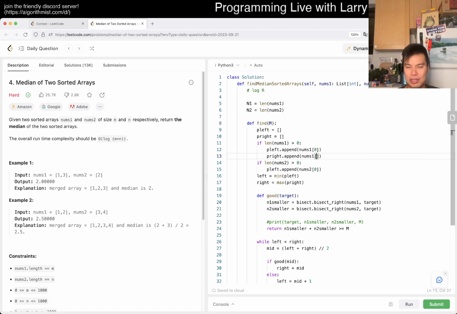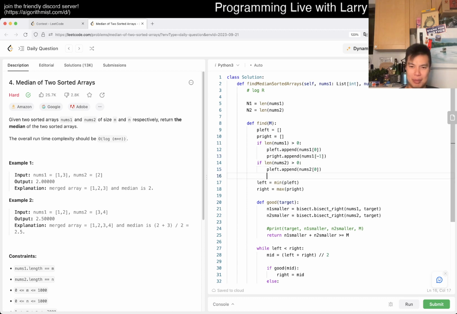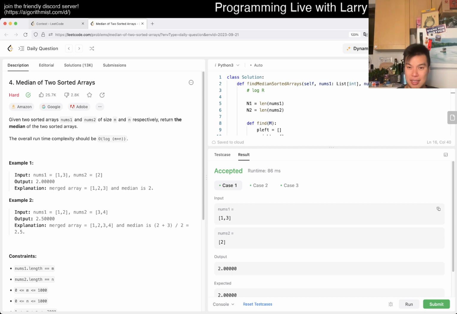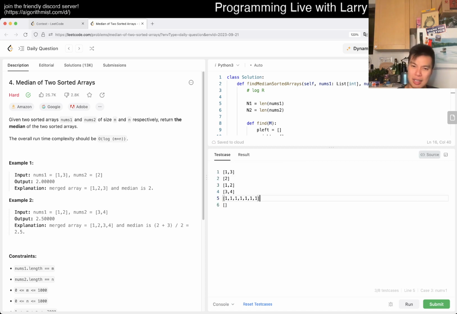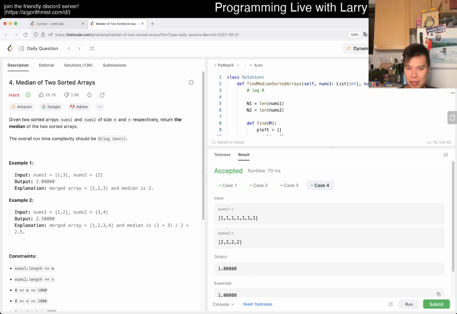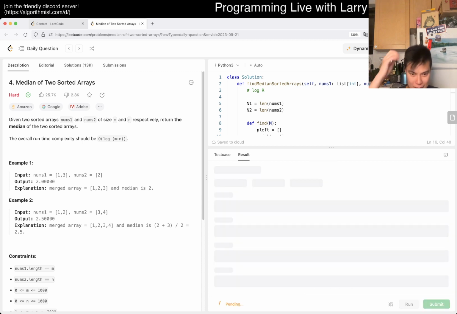And I could also have just used the big numbers instead. Oh, I guess that works. I don't know. I'm still not that confident, to be frank. I wouldn't be surprised if these kind of failed. But all right, let's just give it a YOLO submit.